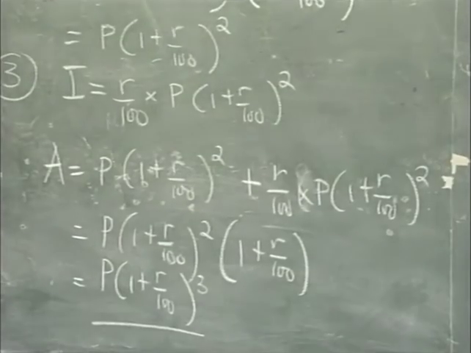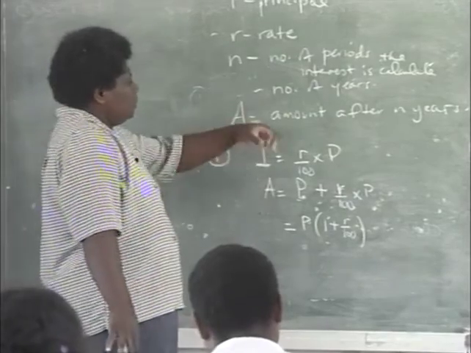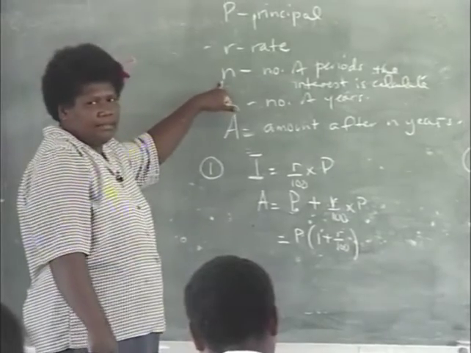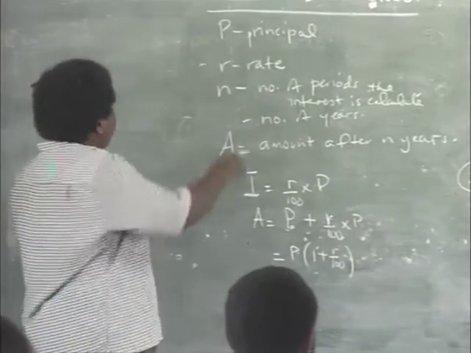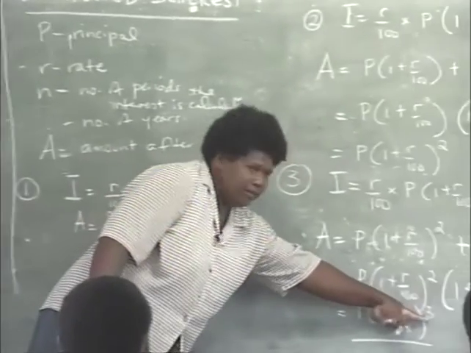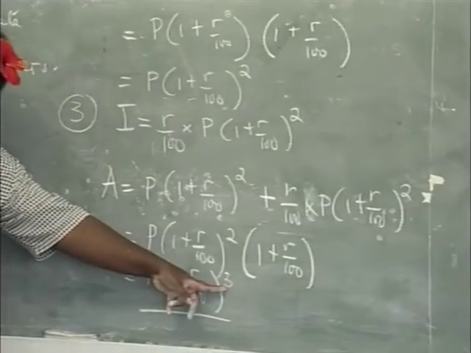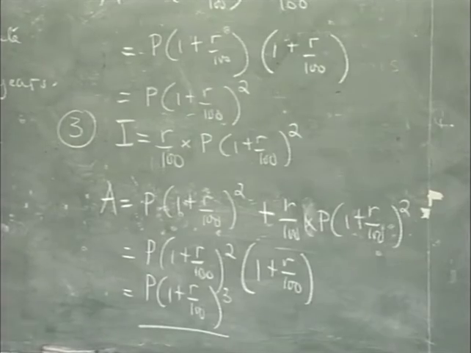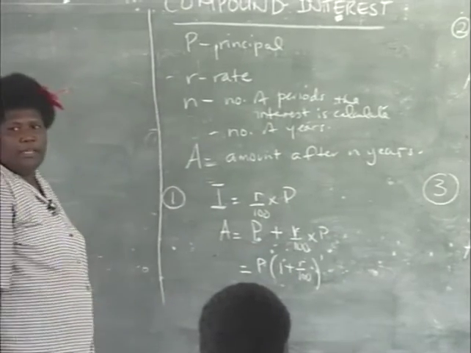If the principal is invested for n years, what is the formula going to be? This is 3 if it is invested for 3 years, 2 if it is invested for 2 years, and this one will be 1 if it's invested for 1 year only.